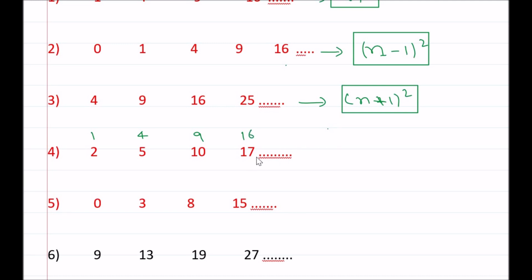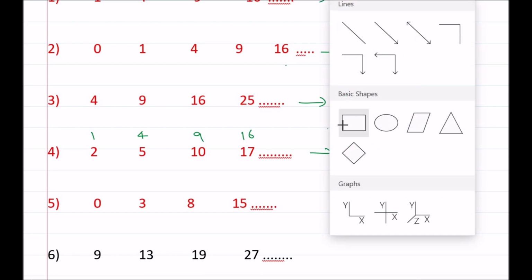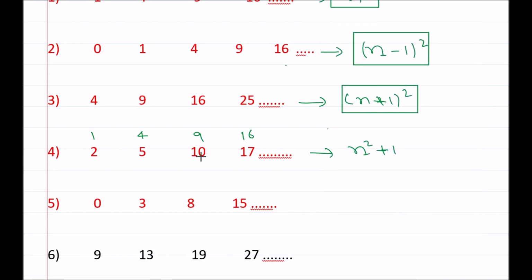These numbers are higher by 1, 1 more than the numbers in the square numbers. What does it mean? We can write the nth term as n square plus 1. Very simple. 1 is being added to each number, so n square plus 1. This is the answer.